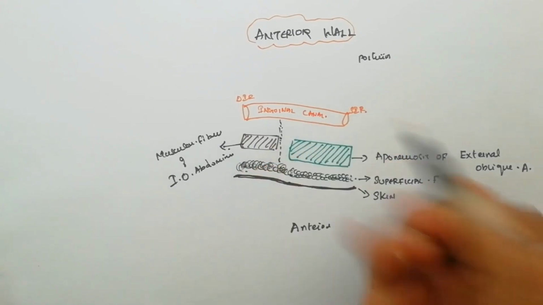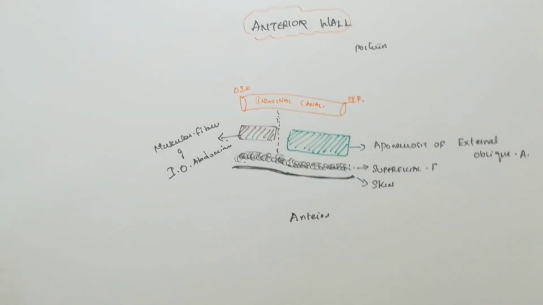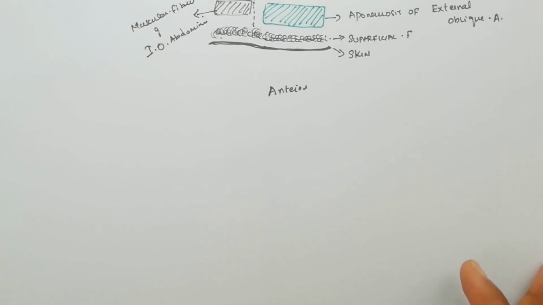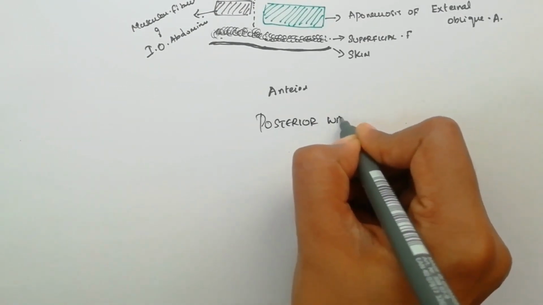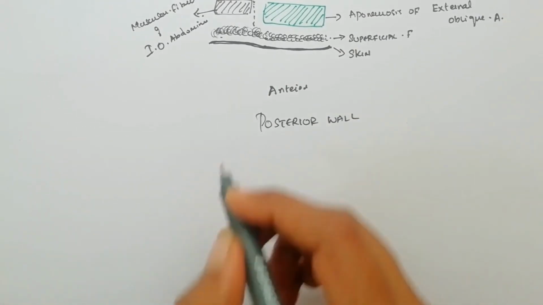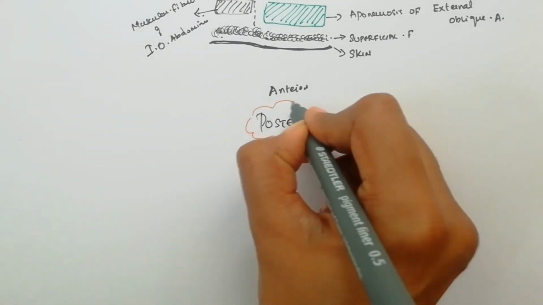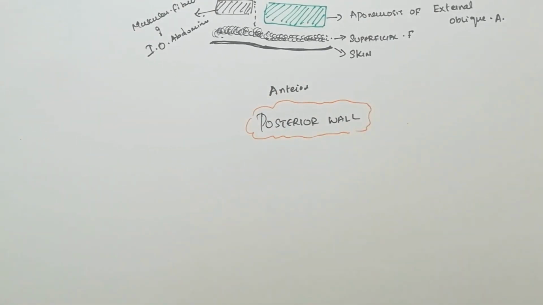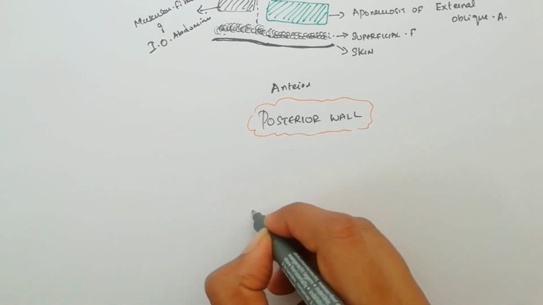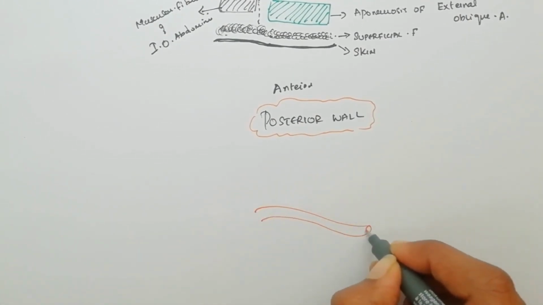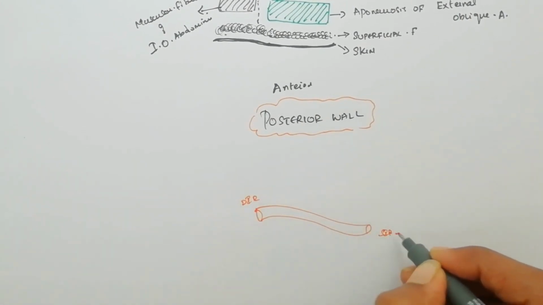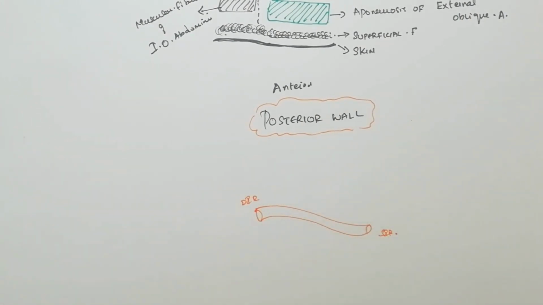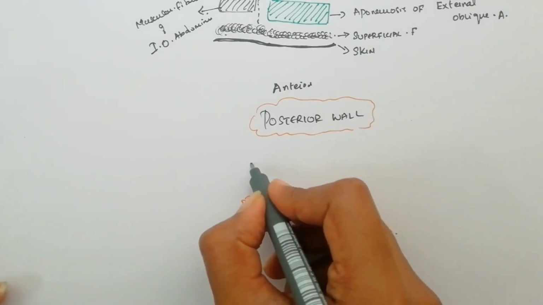Now we will move on to the posterior wall. Here only I will be showing you. Again we have our inguinal canal, with the deep inguinal ring and superficial inguinal ring, and behind that, on the whole aspect, we have fascia transversalis related.